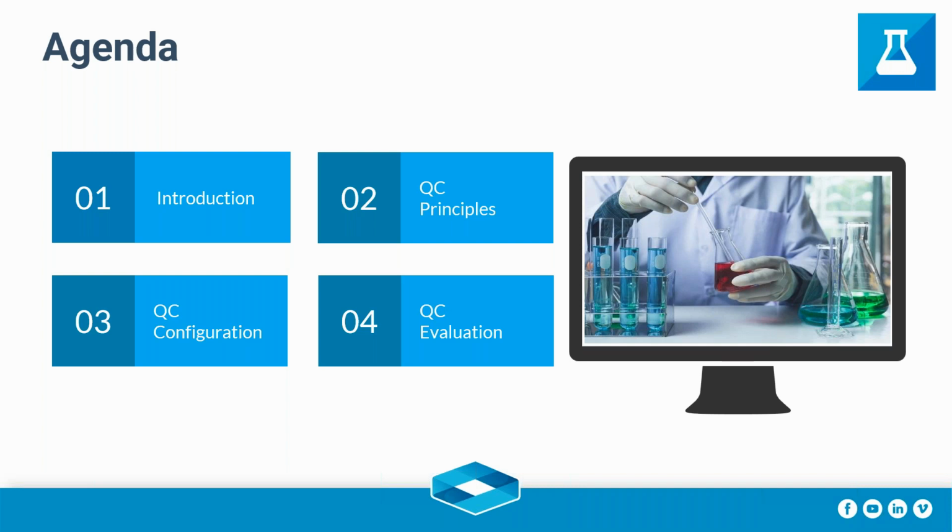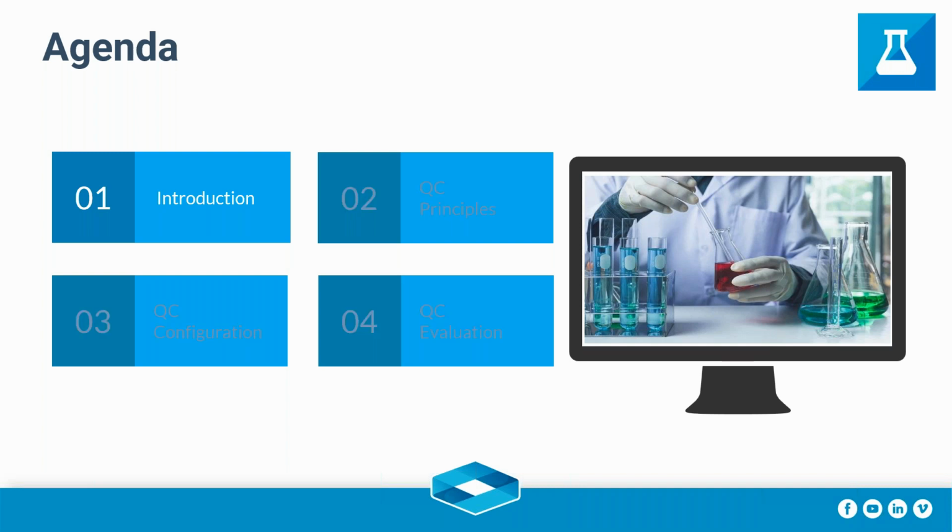Next is the QC configuration, where I'll show you how to put the principles into practice with a step-by-step on how to configure QC samples, to answer questions such as, how do I do it? And lastly, QC evaluation, to answer the question of what I can get out of the QC module.